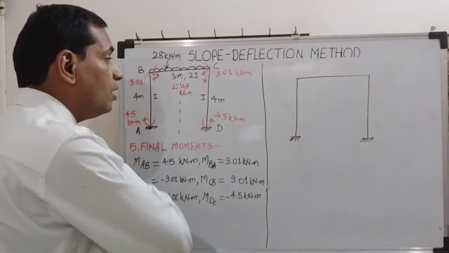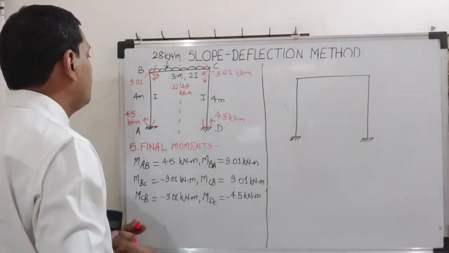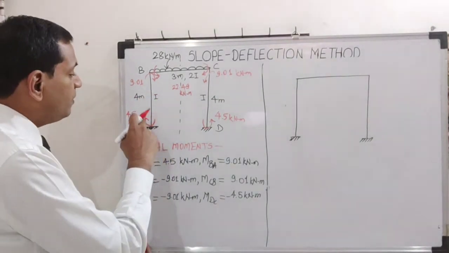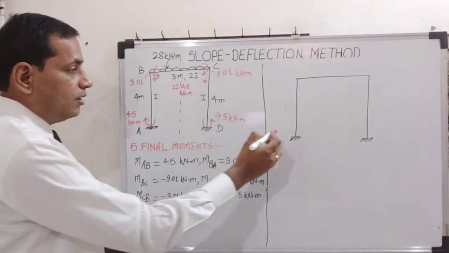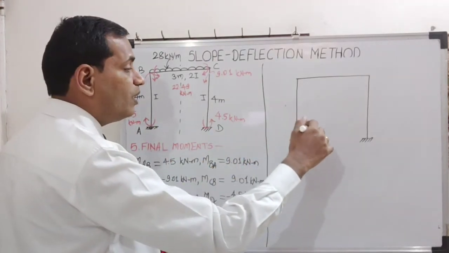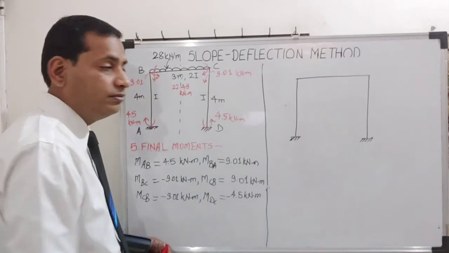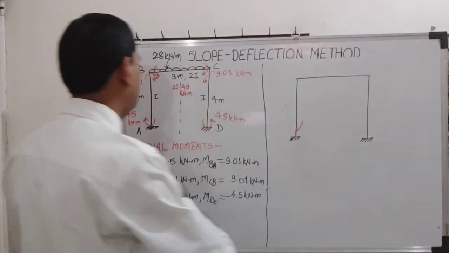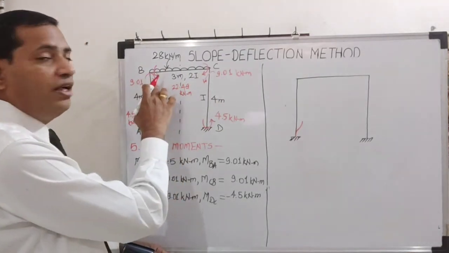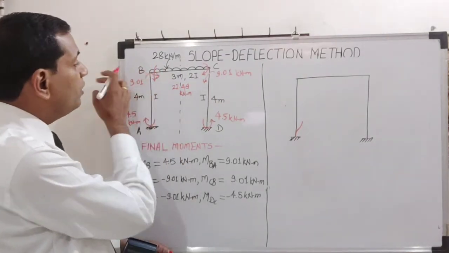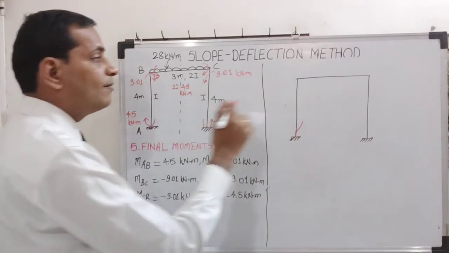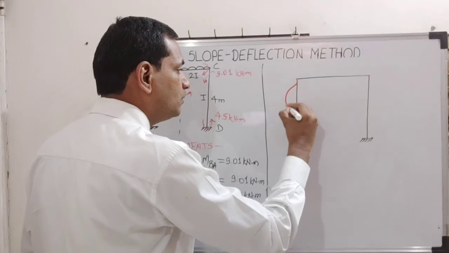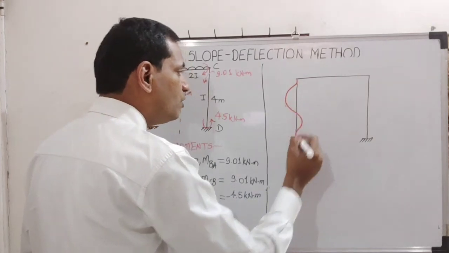So see, here we have this clockwise movement. Now because of this clockwise movement, column at this end is going to undergo rotation on right hand side or deformation, something like this. What about this end of the column? Again clockwise, so on left hand side of the screen it is going to deform. So something like this will be the deformation of this column.